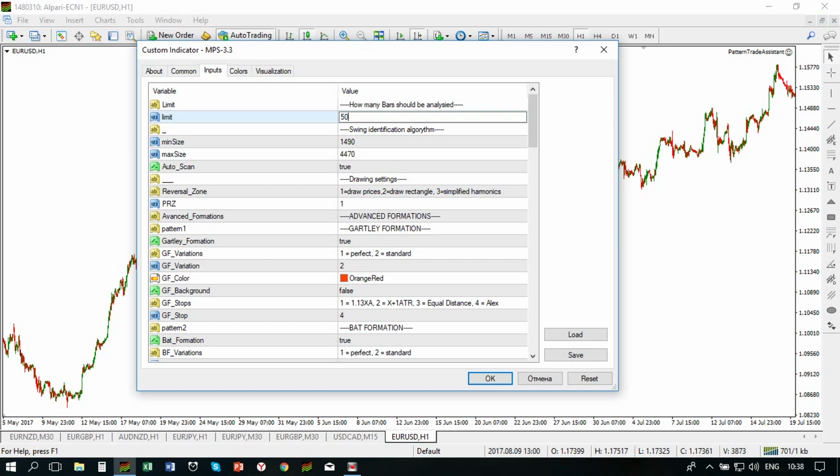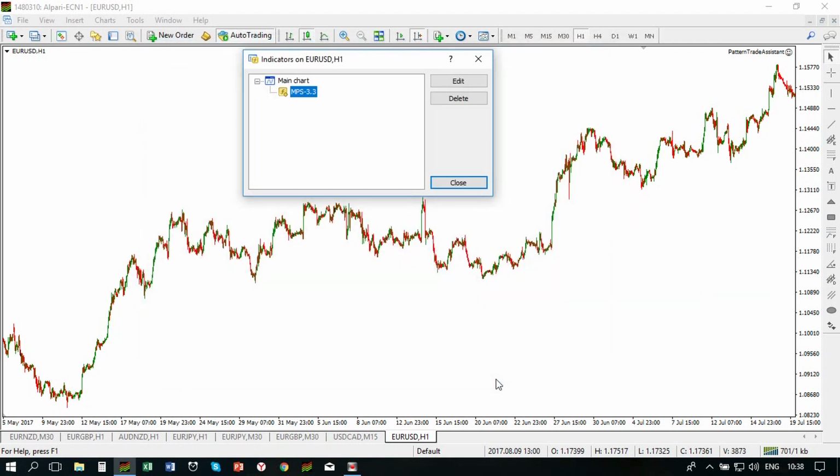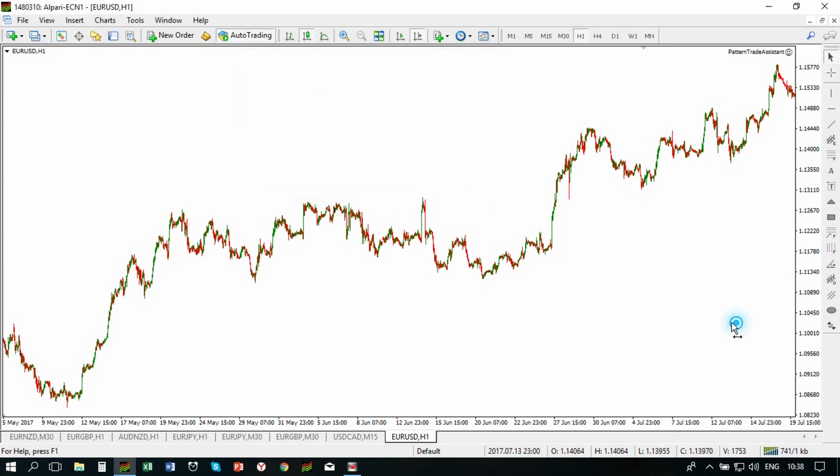So those of you who had the previous versions of this tool, Monster Pattern Search, are familiar with the swing identification algorithm settings. They were large, medium, or small. So this actually means the larger fractal, smaller fractal, or lower fractal.